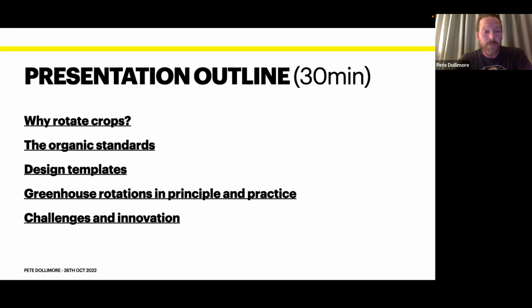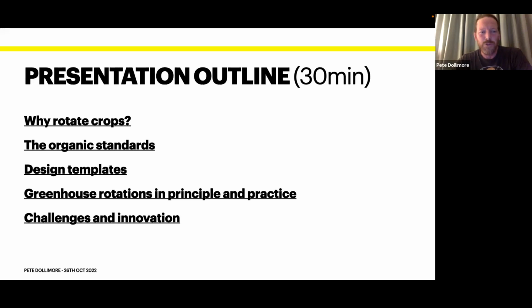The design templates that we'll look at will be just really my own way of getting my head around rotations, because you're working in space and time, and it's good to have a way of creating some kind of mind map and then getting that onto paper. Everybody's got their own way of thinking about it, so I'll run a few different ones of those.